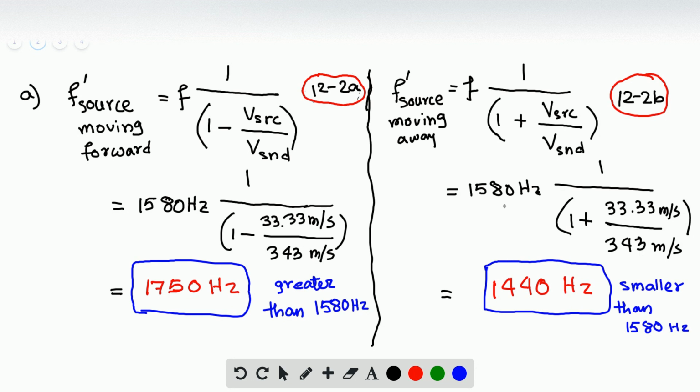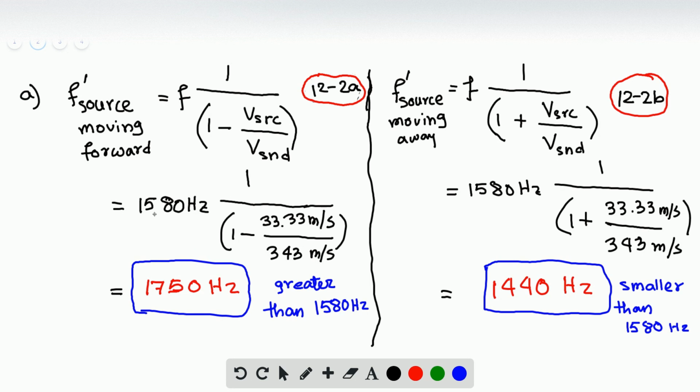Similarly, if the source is moving away from the observer, your frequency will be smaller. If we don't understand how to put the sign, there's one way to remember how to mathematically put it. If we are subtracting this quantity from 1, that means this is lesser than 1, so this quantity is bigger than whatever f you have.